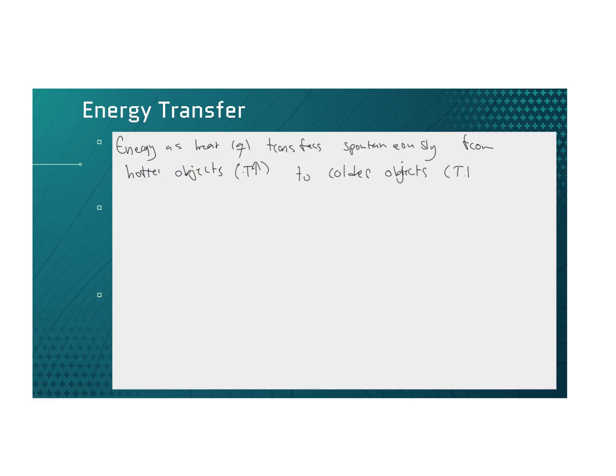So where temperature is low, T is low, through collisions.